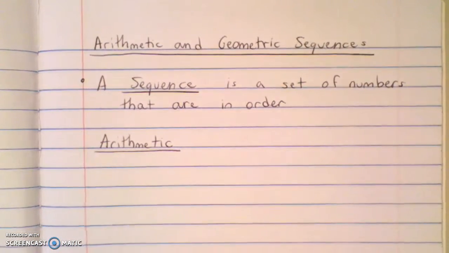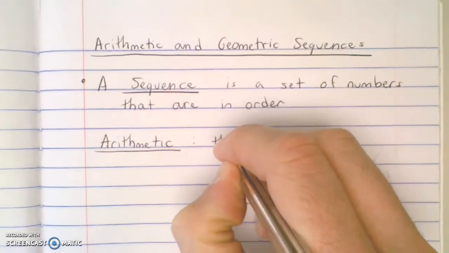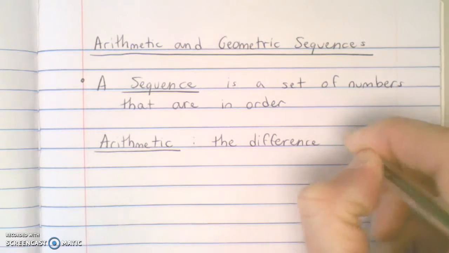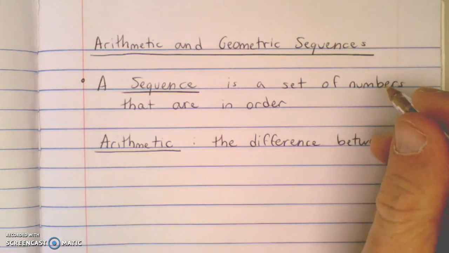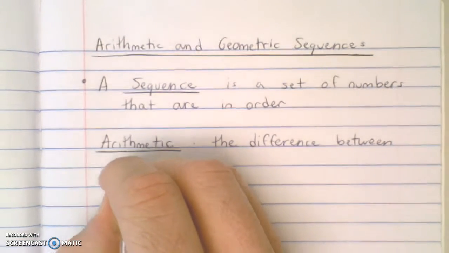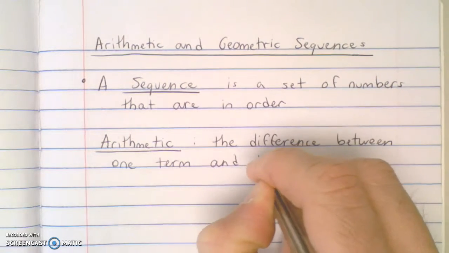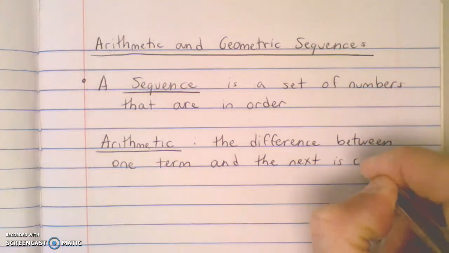So arithmetic, the definition for that is that the difference between one term and the following consecutive number is constant.